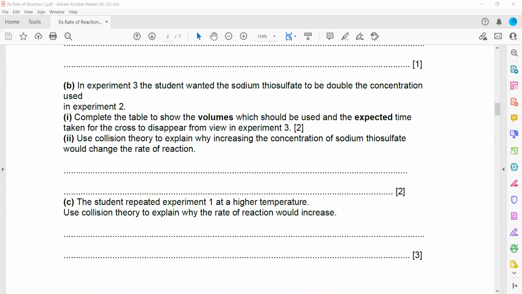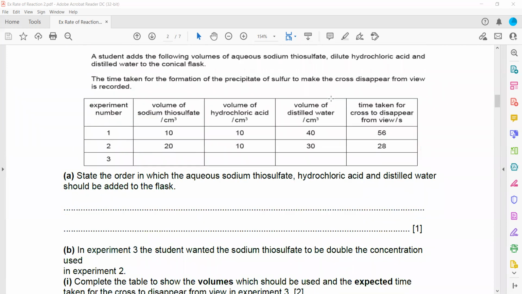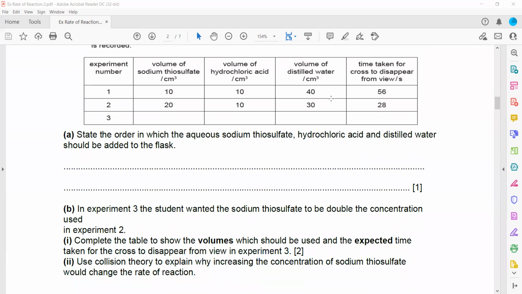In experiment 3, the student wanted the thiosulfate to be double concentration. Complete the table with experiment 2. If we want double concentration, we want more thiosulfate compared to experiment 2. In experiment 2, the student was using 20 cm cube, so he wants to double the amount of thiosulfate. What is double of 20? He will use 40 cm cube of thiosulfate.